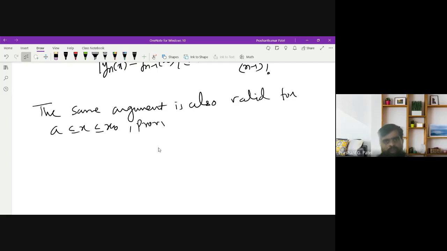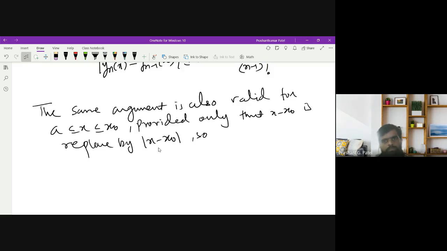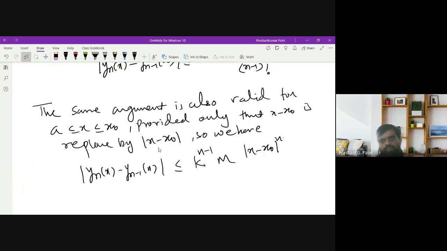provided only that x minus x0 is replaced by mod of x minus x0. So in any case, mod of yn(x) minus yn minus 1(x) is less than or equal to k raised to n minus 1 times m times mod of (x minus x0) raised to n minus 1 upon (n minus 1) factorial.